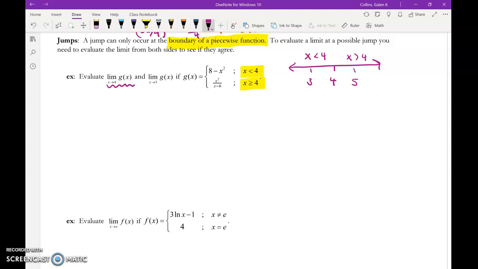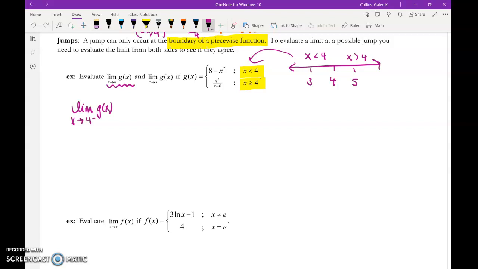So I know that on the left side of the 4, I would be using the top part of my piecewise function, because that is the function I use when values of x are less than 4. So the limit of g as x approaches 4 from the left.